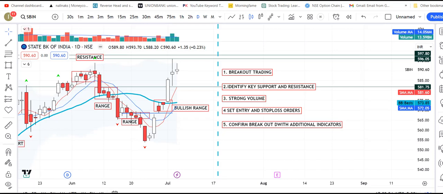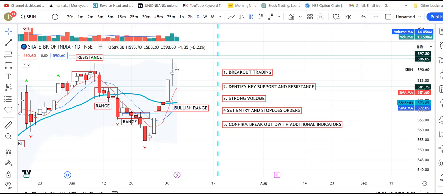And you have to confirm this breakout with additional indicators like moving averages and Bollinger Bands. There are so many tools you can utilize and cross-check whether it is a valid breakout. So you have to set your entry and stop loss orders.